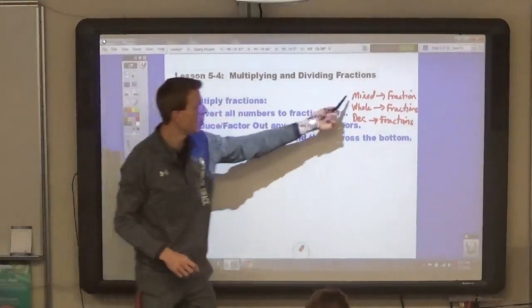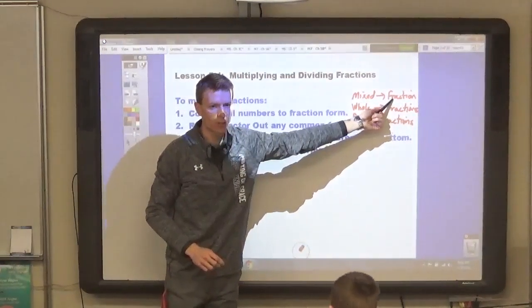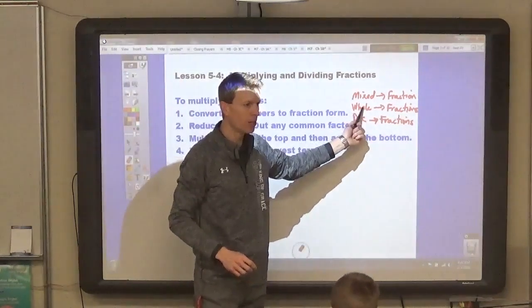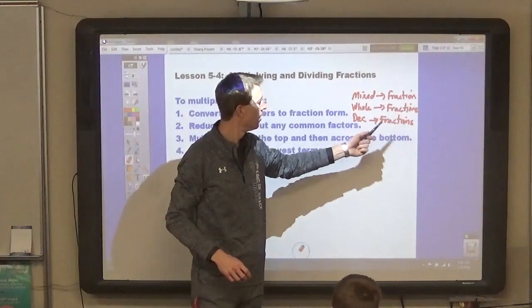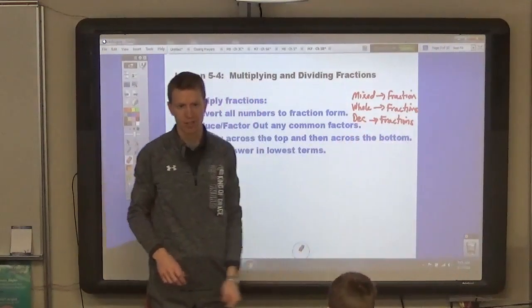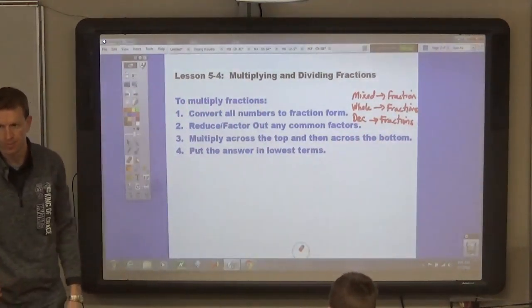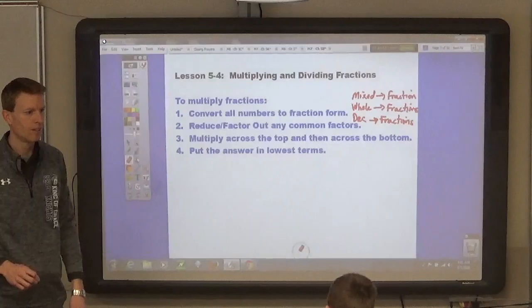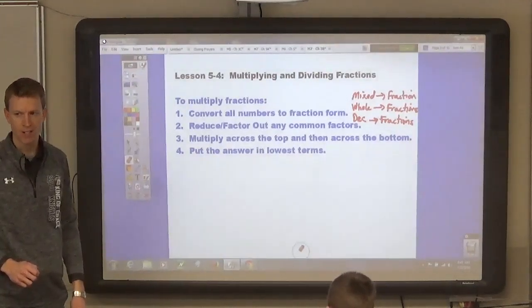So if you have mixed numbers, you have to convert those to top-heavy fractions. If you have a whole number, you have to make it a fraction. If you have a decimal, you have to make it a fraction. Okay? So write all numbers as fractions.